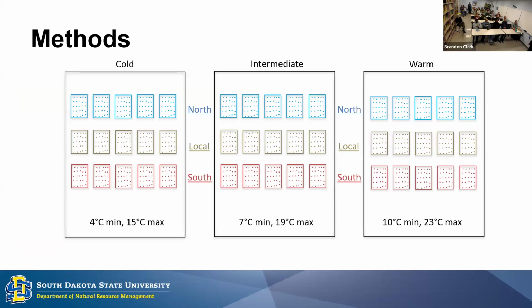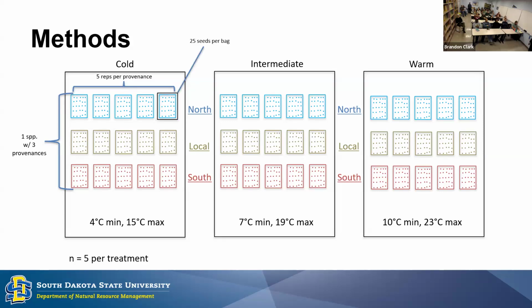And setting those up in the fridge or in the incubators, they have 3 sources within each fridge for each species, 5 reps, so 5 bags of seeds, and within each bag, 25 seeds, but 5 reps per source treatment combination.